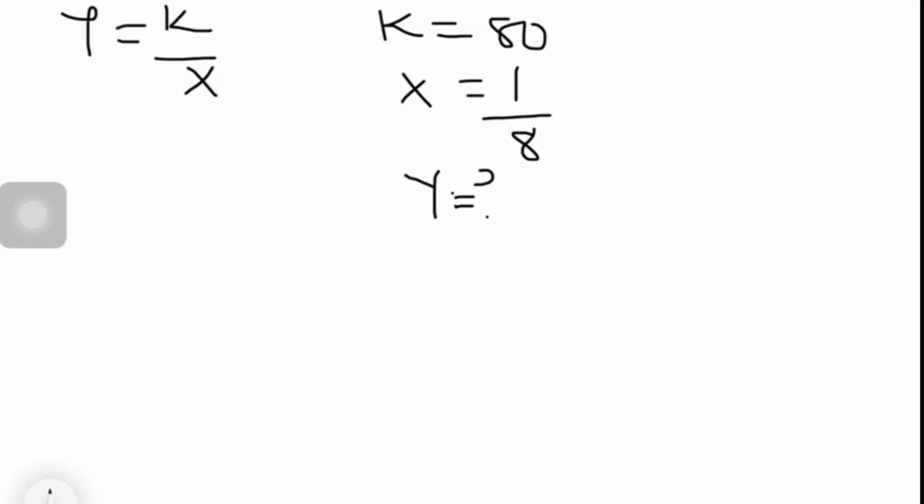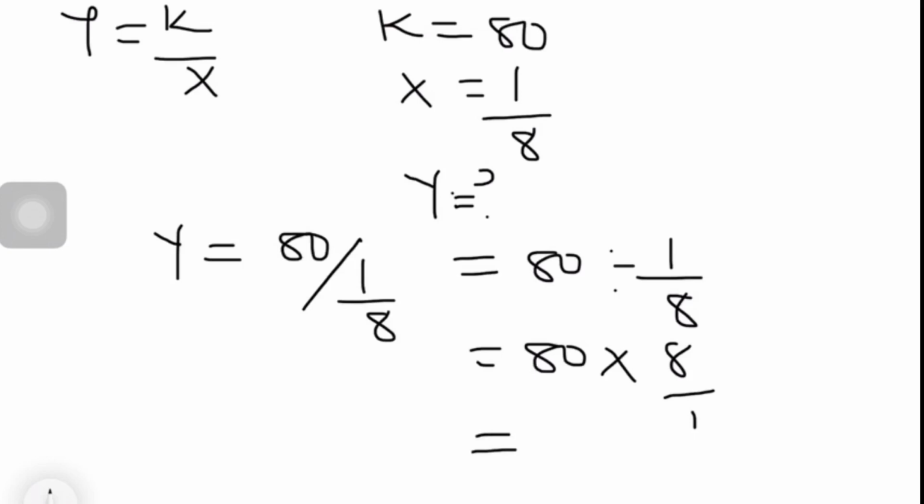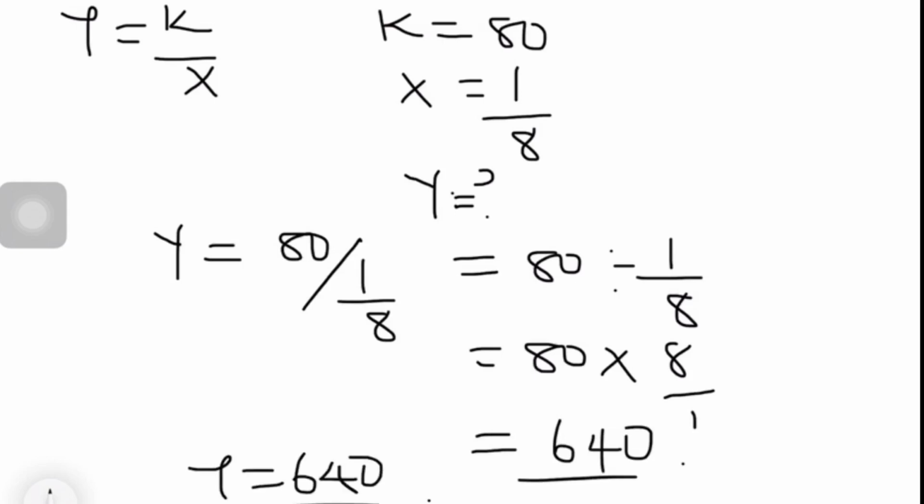So y is equal to 80 divided by 1 over 8, which is the same as 80 multiplied by the reciprocal of 1 over 8, that is 8 over 1. Okay, y is equal to 640.